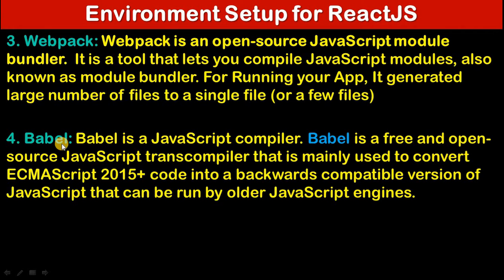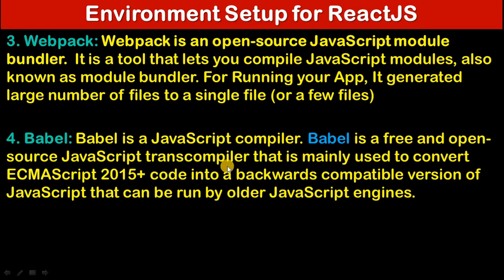So the next thing is Babel. Babel is a JavaScript compiler. Babel is a free and open source JavaScript transcompiler that is mainly used to convert ECMAScript 2015 plus code into a backward compatible version of JavaScript that can be run by older JavaScript engines.